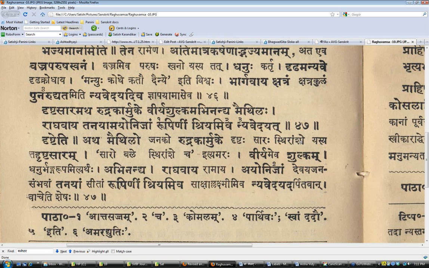Another small issue is that Rudra Karmuke is really connecting only with the word Drishta. So Rudra Karmuke Drishtaha Saraha. Technically speaking, Rudra Karmuka should have been in the compound. Rudra Karmuka connects with the word Drishta of that other compound.